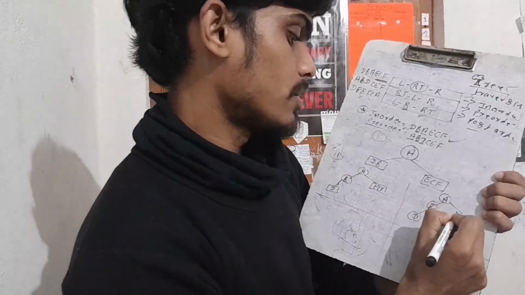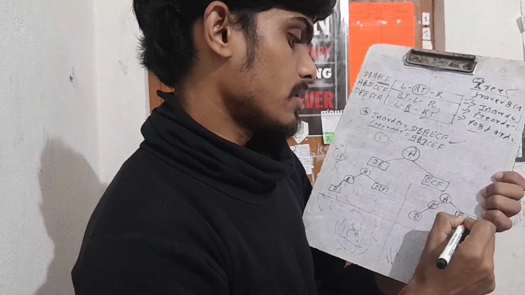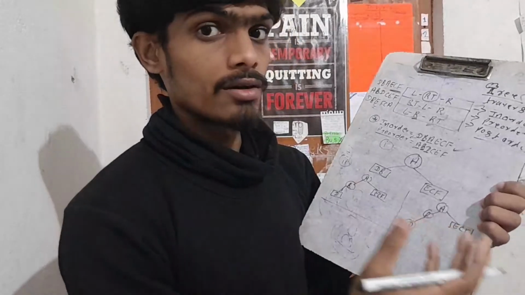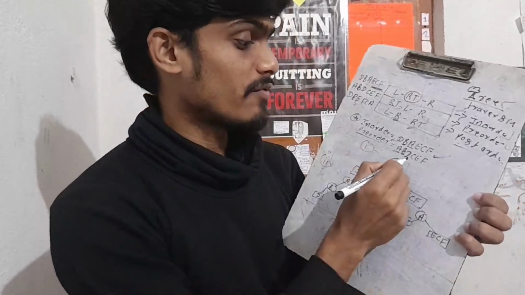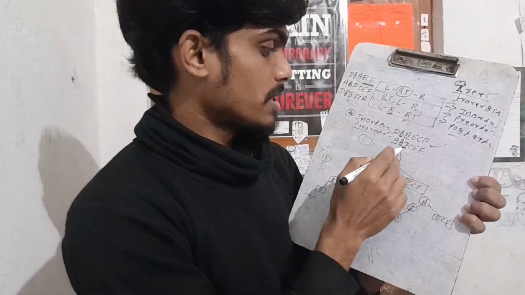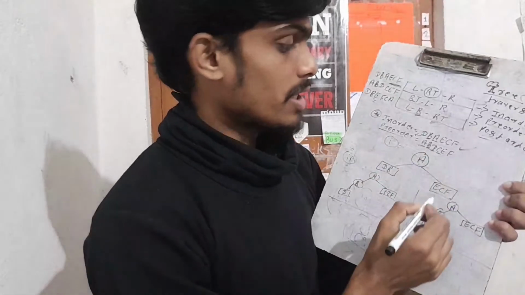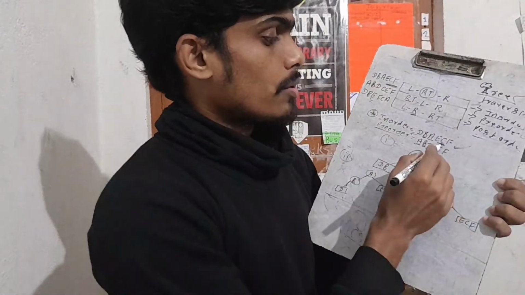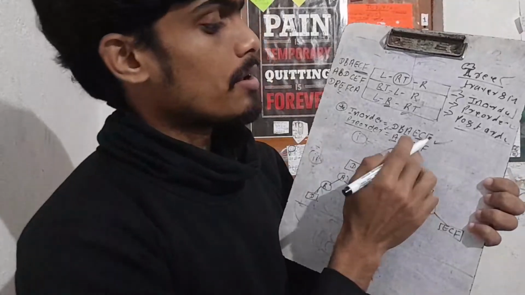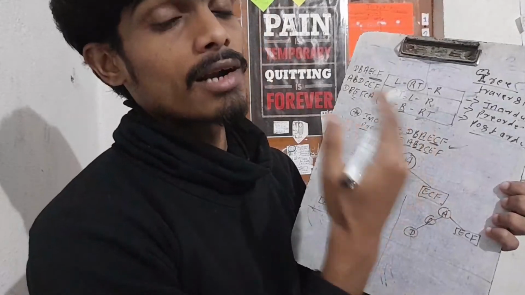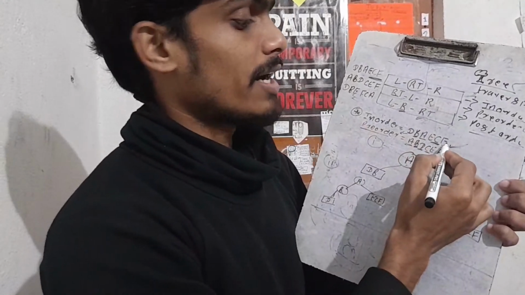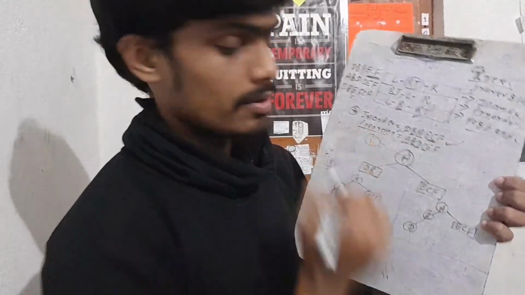Now we will come to this part, ecf. I am not going by remembering, but we are following the order. We visited a, b, d, and now we are going to c. Where is c? Here is c. If you see c, what is the right of c? We will find f, and the left of c is e.